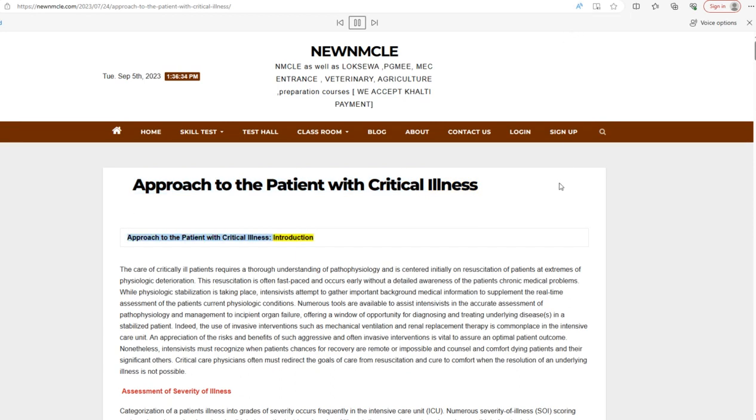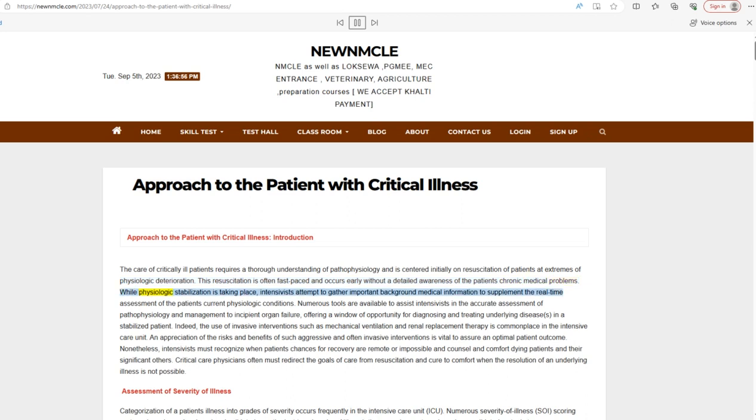Introduction. The care of critically ill patients requires a thorough understanding of pathophysiology and is centered initially on resuscitation of patients at extremes of physiologic deterioration. This resuscitation is often fast-paced and occurs early without a detailed awareness of the patient's chronic medical problems.